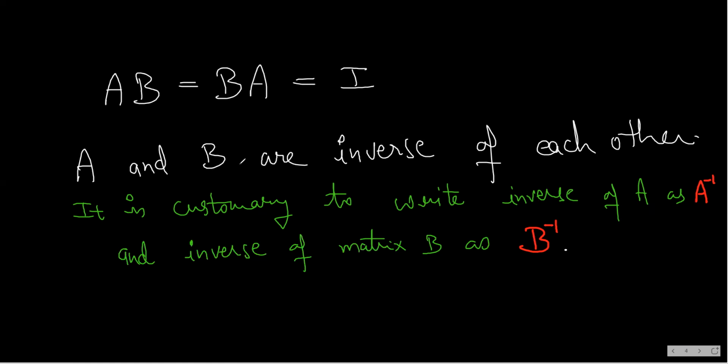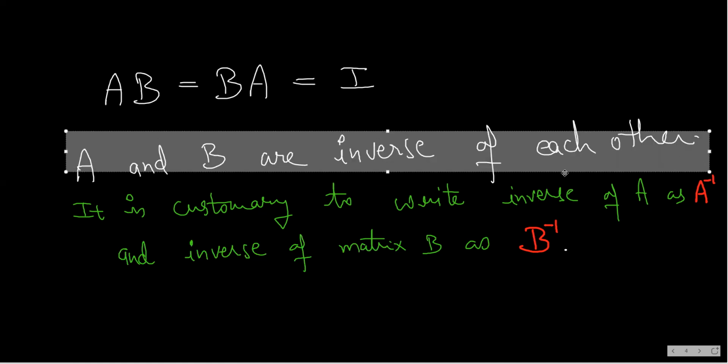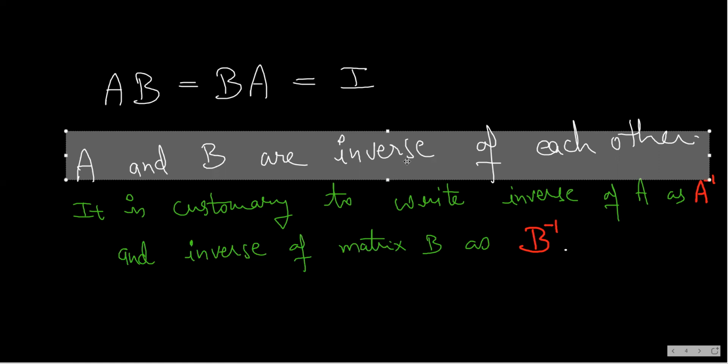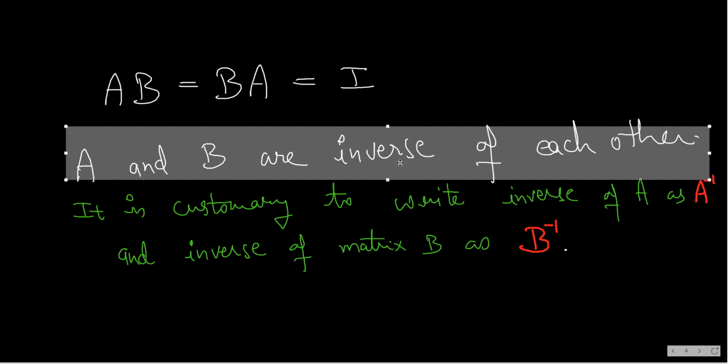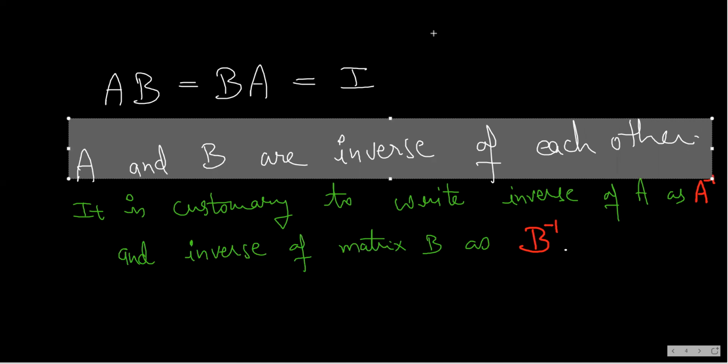So here, try to understand students. Here I said A and B are inverse of each other. Then I am saying in the next line that we normally follow, it is in fashion to write the inverse of A as A inverse.